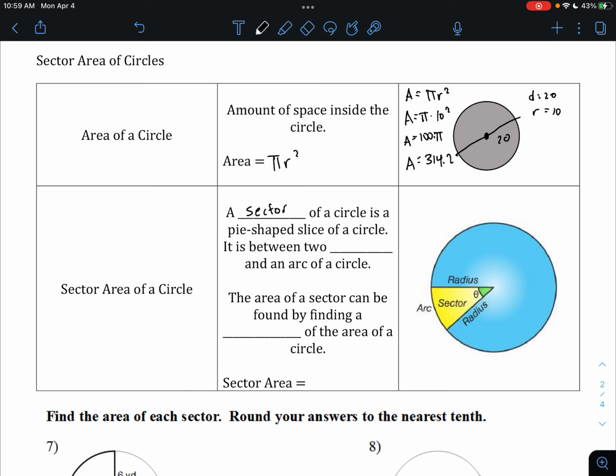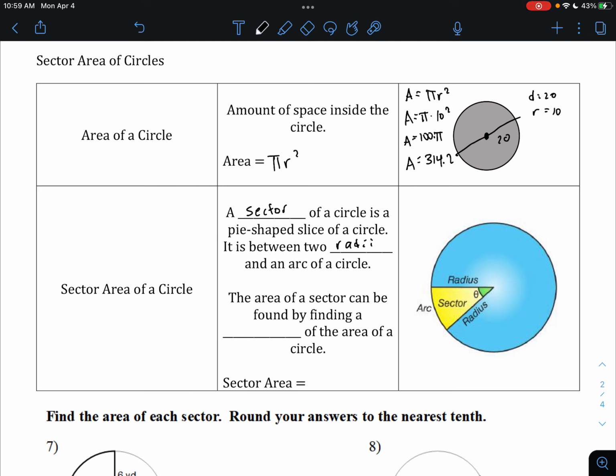And it is between two radii, or two radiuses, and an arc of the circle. So if we have an arc here, we talked about arcs last time, and a radius here, and a radius here, this equation will allow us to find the area of just that slice. Not the whole circle, just that slice.